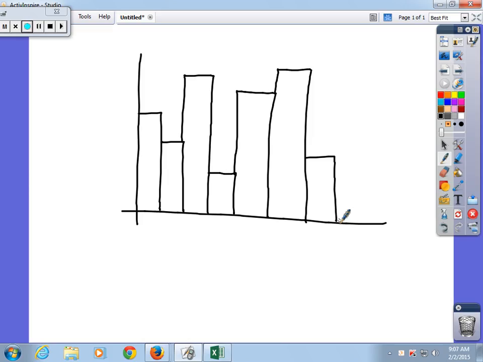All right. So let's say that I take this red pen, and I take off this guy right here, and I cut him off and put him right here.